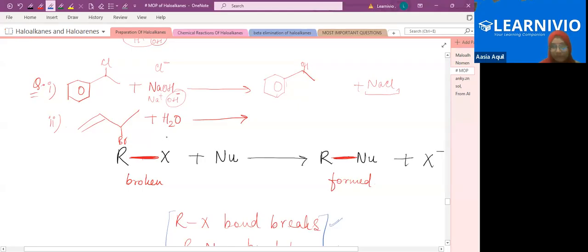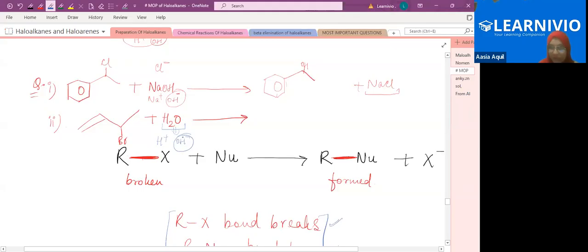Hydrogen. Are you sure? Hydrogen. First, just dissociate this. So H2O, water, will dissociate to form H plus and OH minus, right? And we know that a nucleophile has a negative charge, right? So OH is a nucleophile, not hydrogen.